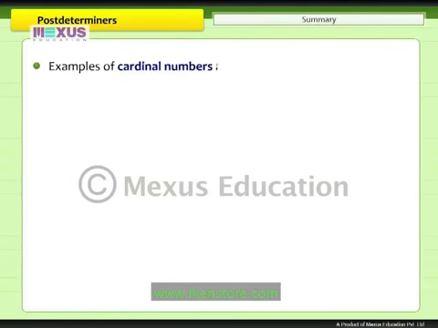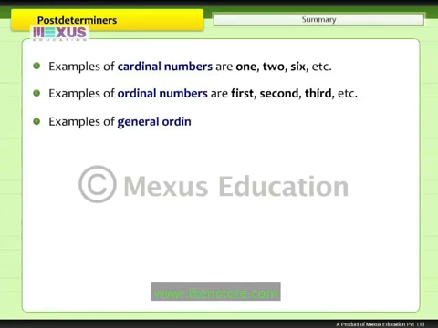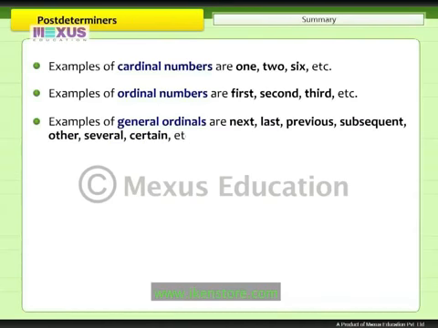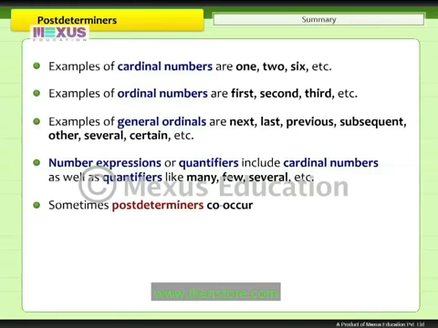Examples of cardinal numbers are 1, 2, 6, etc. Examples of ordinal numbers are first, second, third, etc. Examples of general ordinals are next, last, previous, subsequent, other, several, certain, etc. Number expressions or quantifiers include cardinal numbers as well as quantifiers like many, few, several, etc. Sometimes postdeterminers co-occur in a sentence.